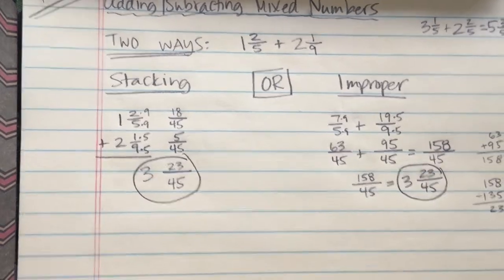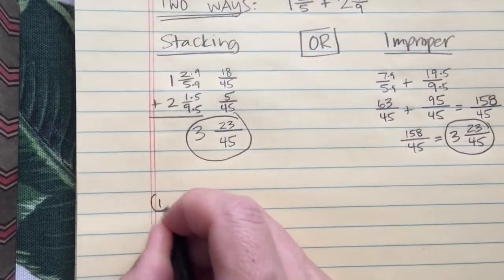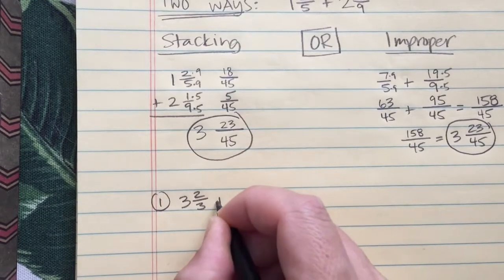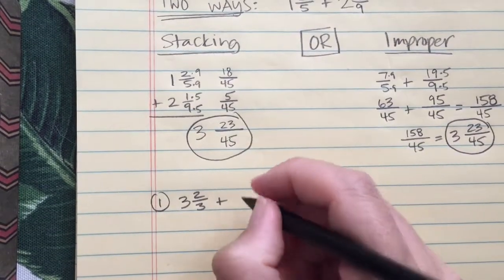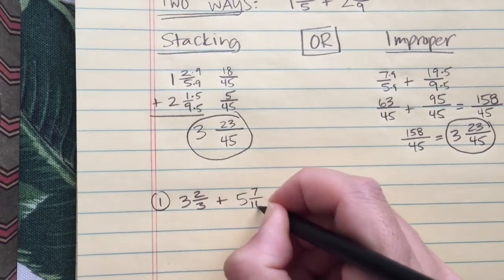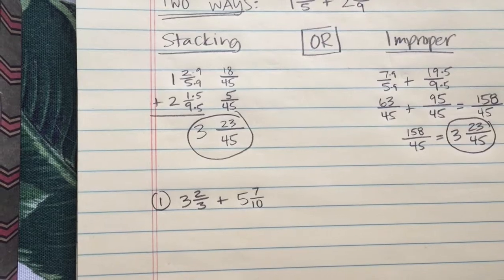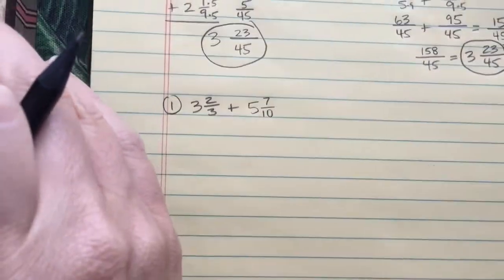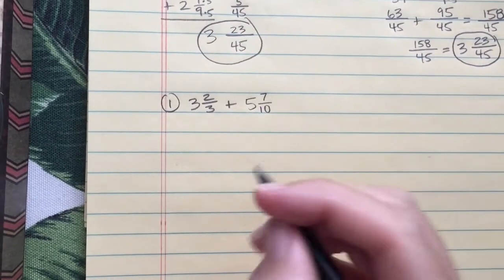Okay, let's do another one. 3 2/3 plus 5 7/10. All right, let's do both ways just so we can practice both ways, so we can see what it would look like either way.